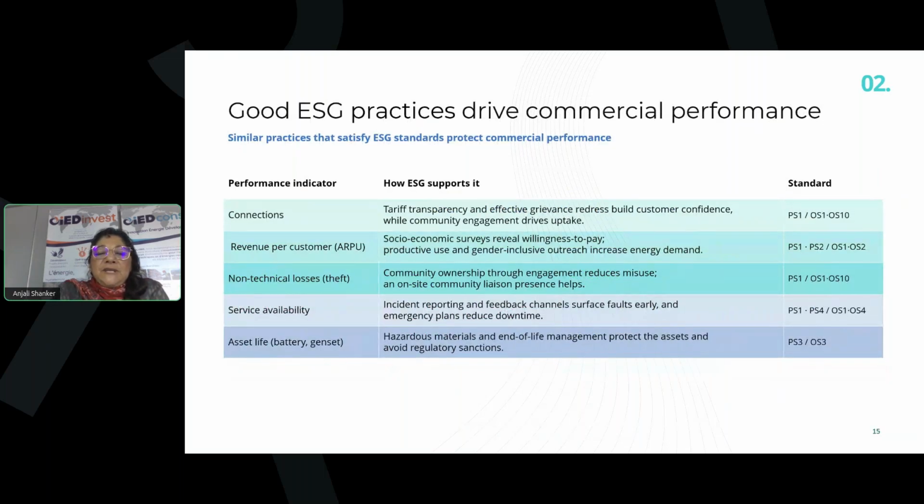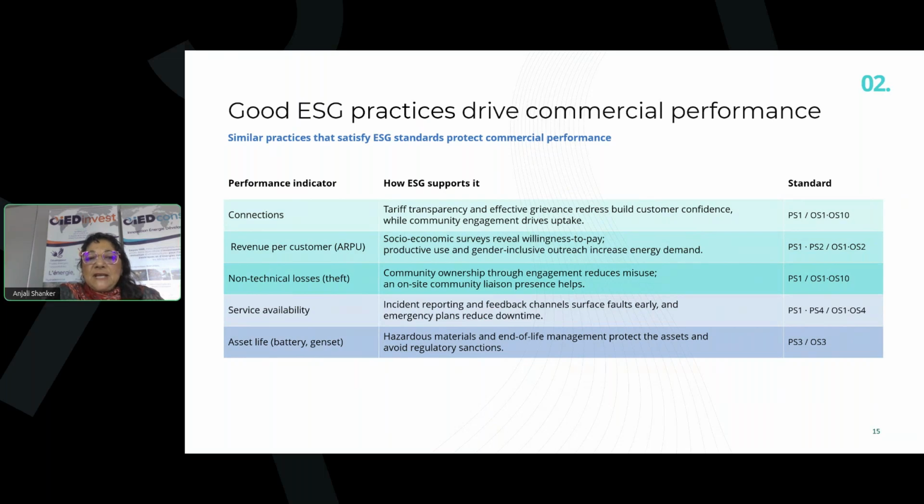So how do these ESG practices drive commercial performance? One key performance indicator for a mini-grid developer, investor or practitioner is to have as high a number of connections as possible. Just having a 10% penetration rate is not a good way of thinking about the viability of the mini-grid.